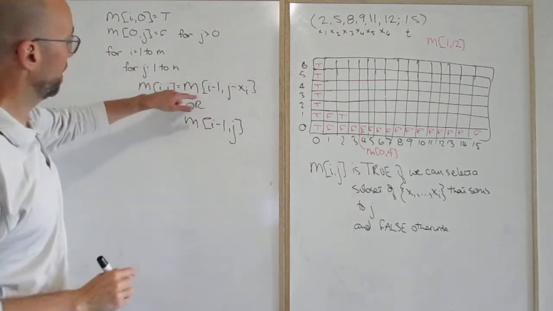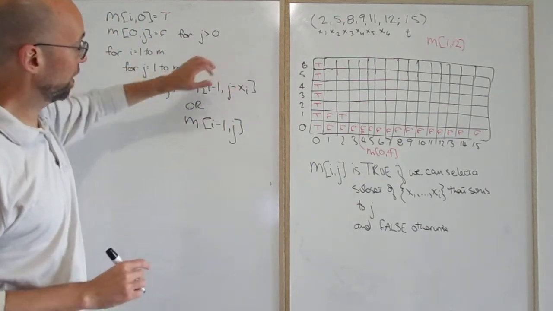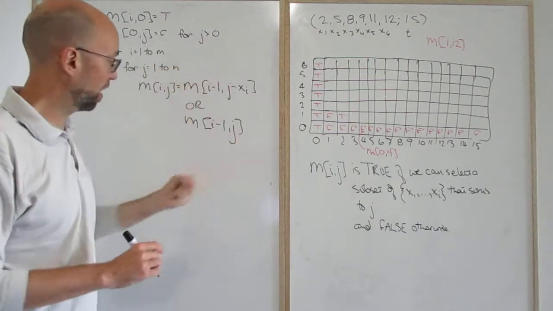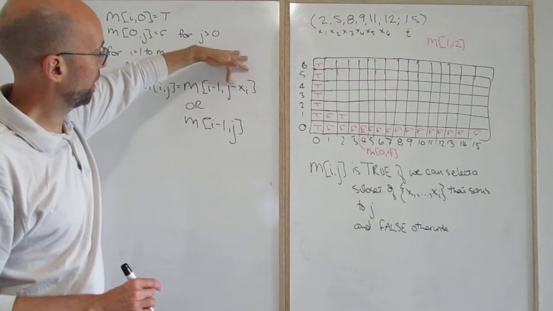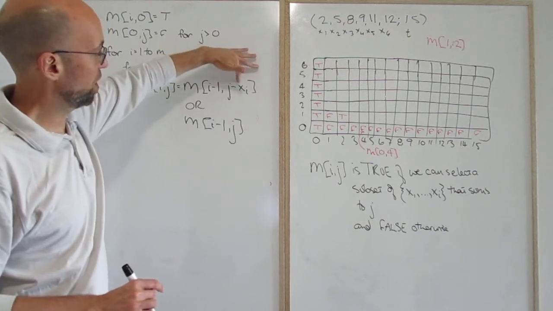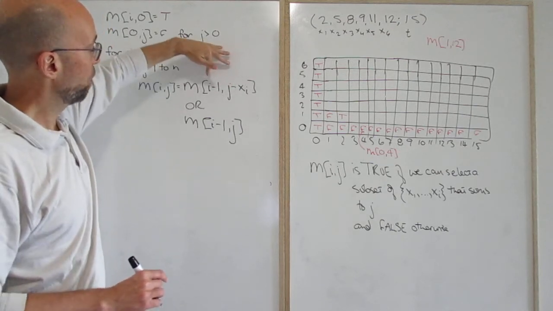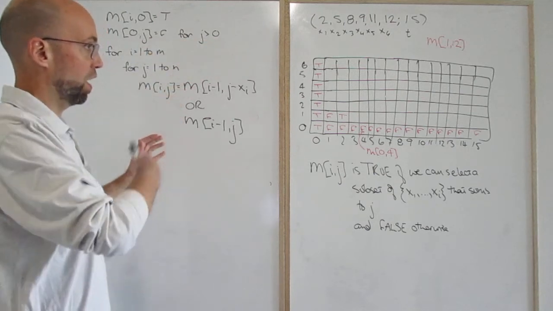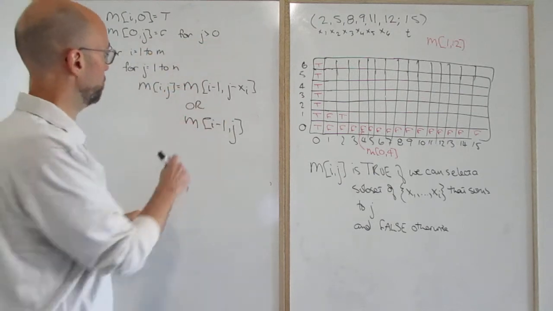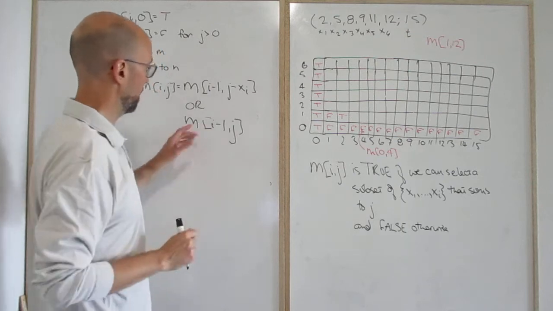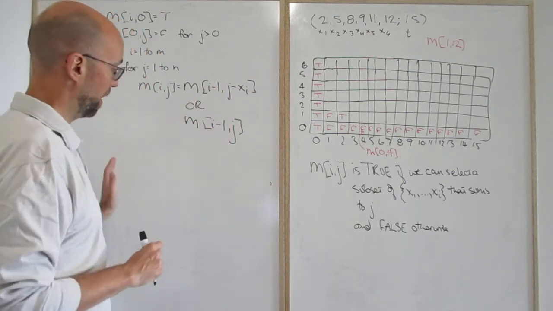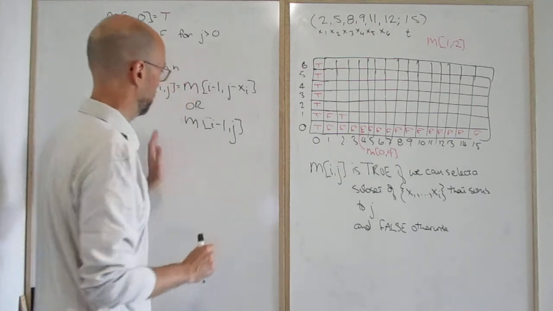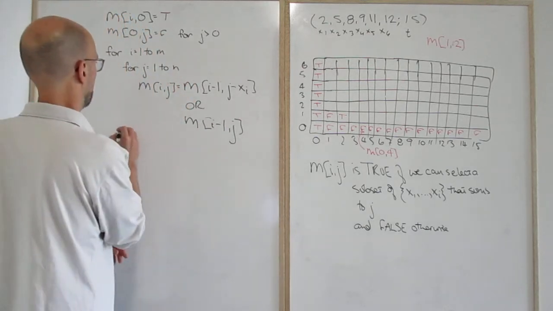So this is saying we take xi, and so we want to get exactly the sum j minus xi using x1 through xi minus 1, and this one is saying we don't take xi, and so we want to get sum exactly j from x1 to xi minus 1. Okay?